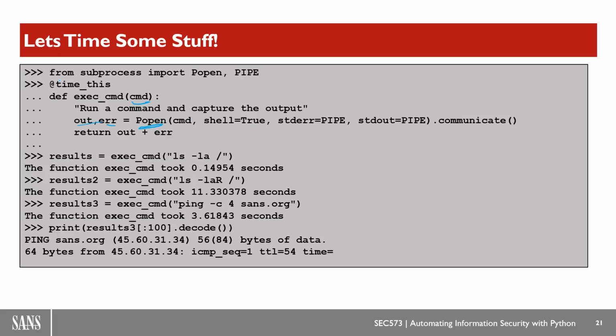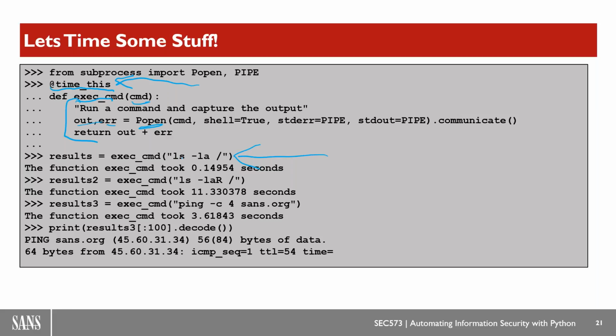All right, so in doing this, because I've used the syntactical sugar in creating my function exec command, even though I only have two lines in here, because of this decorator it also has all of the code that's necessary to actually time it.